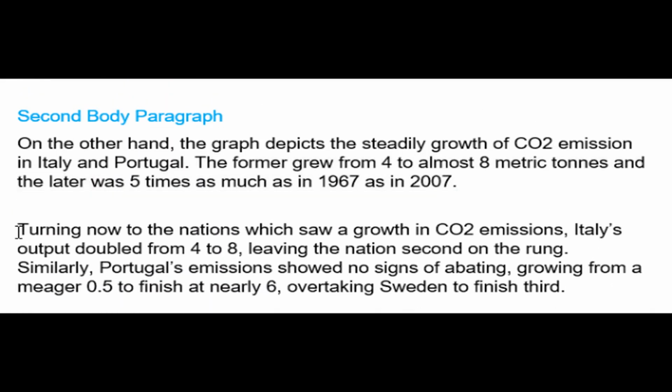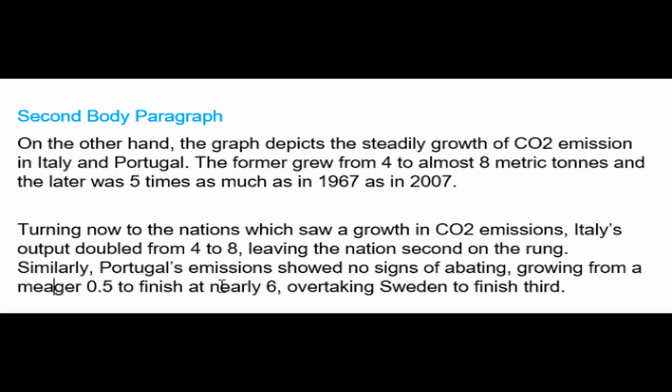Okay, so how I might reword this is saying, turning now to the nations which saw a growth in CO2 emissions, Italy's output doubled from 4 to 8, leaving the nation on the 2nd rung. So on the 2nd rung, or 2nd on the rung, it's just another way of saying it ended up in 2nd place. And then I used an adverb to describe what happened to Portugal, because it's similar, right?